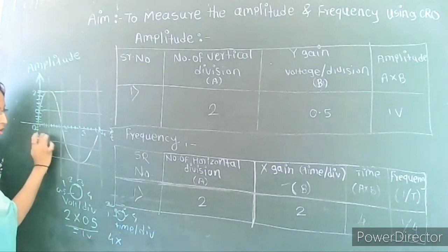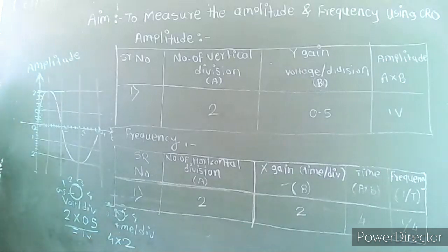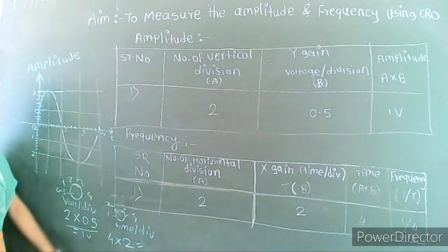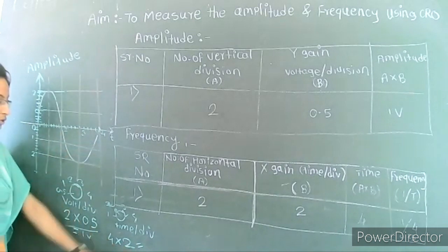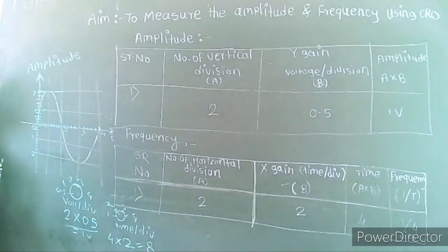Then we have to multiply these 4 blocks with this 2. So what is the calculation? These 4 blocks into 2. 4 into 2 is 8, like this.